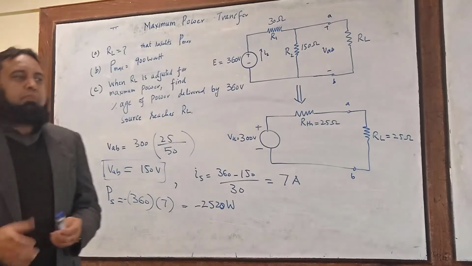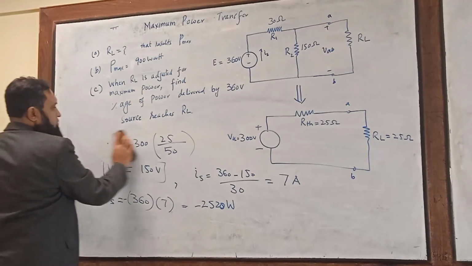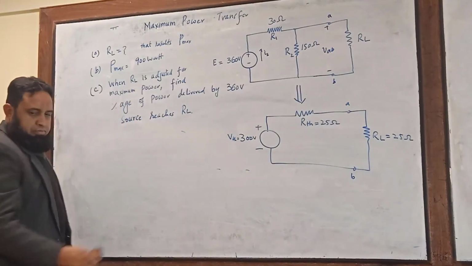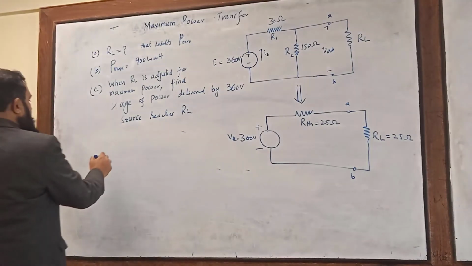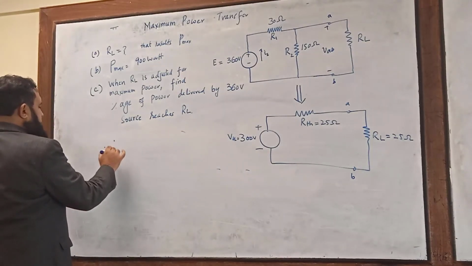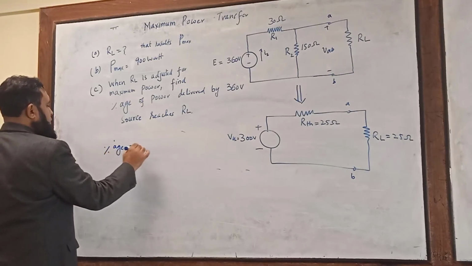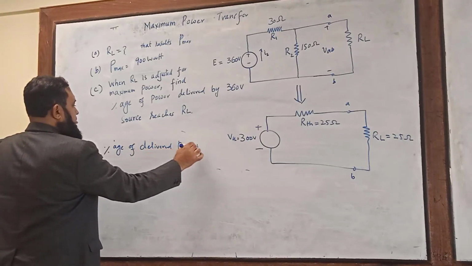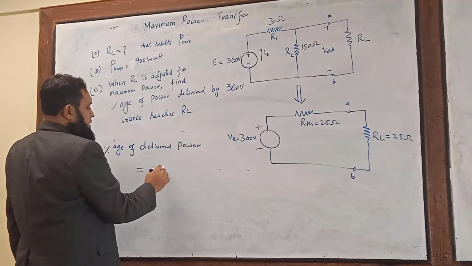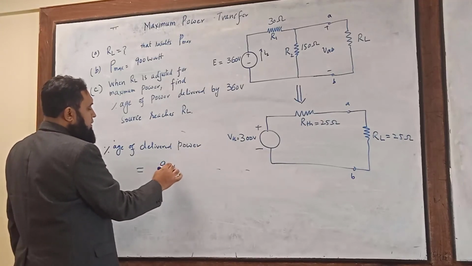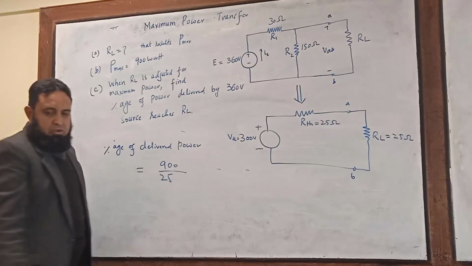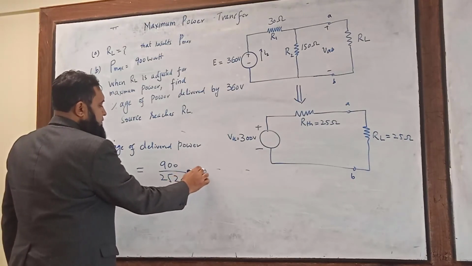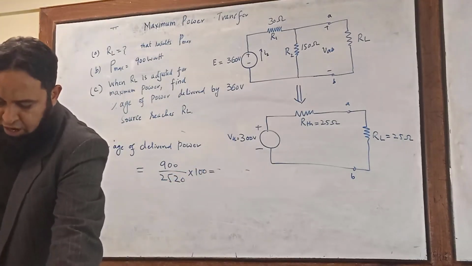Now you can easily compute the percentage of power delivered. The percentage of delivered power is equal to the power at the load side, 900 watt, divided by the total power delivered, 2520, multiplied by 100, which is equal to 35.71%.